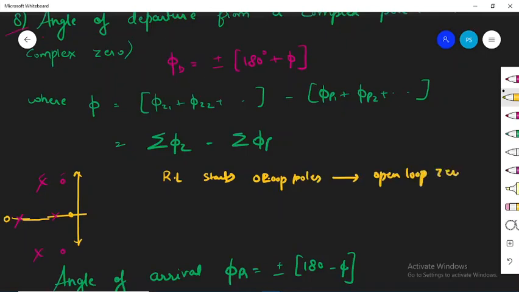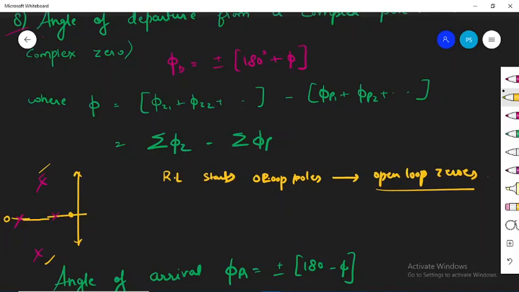Now when we have complex conjugate poles or complex conjugate zeros, let's first take only complex conjugate poles. Suppose we have a pair of complex conjugate poles, then we know that they have to terminate at open loop zeros, which can be complex conjugate, or they can be real in nature depending on the system, but they have to terminate.